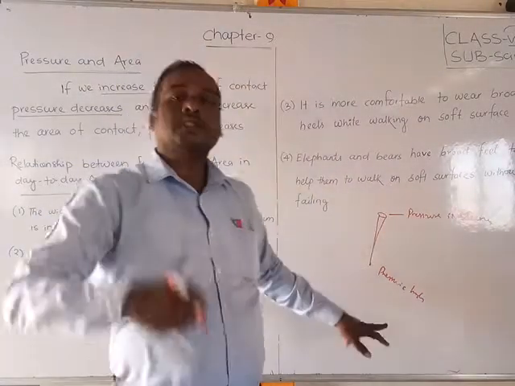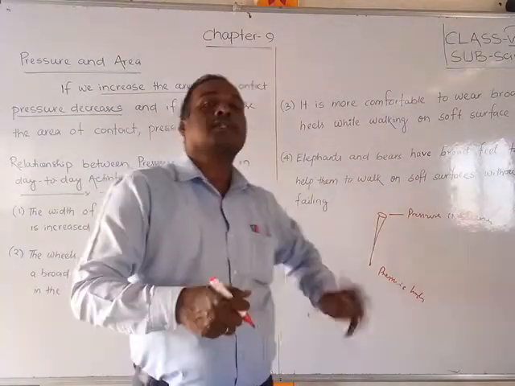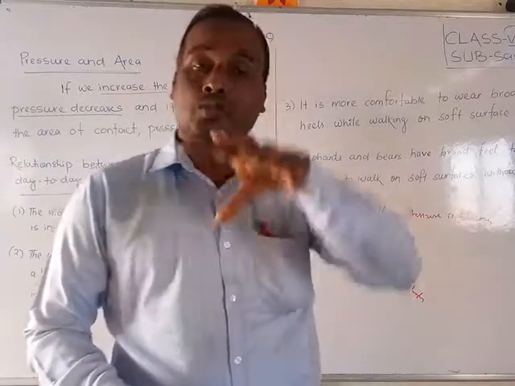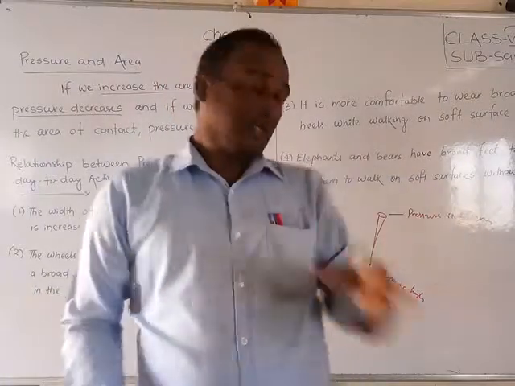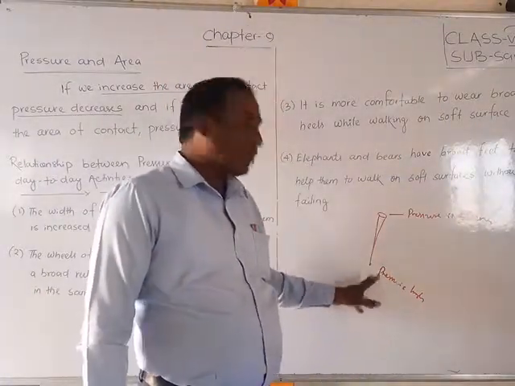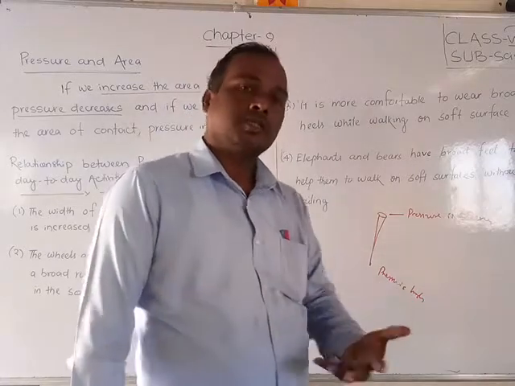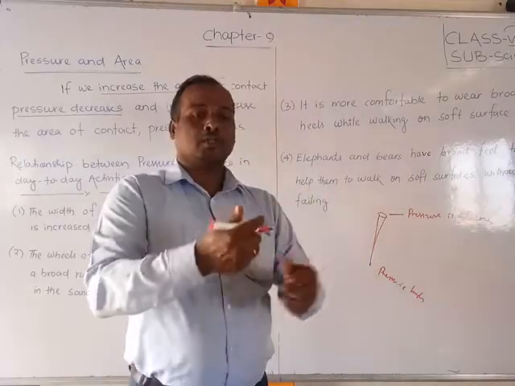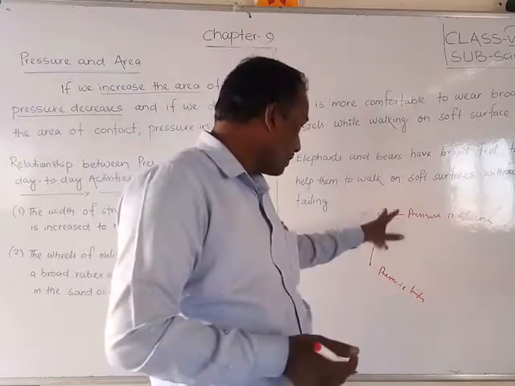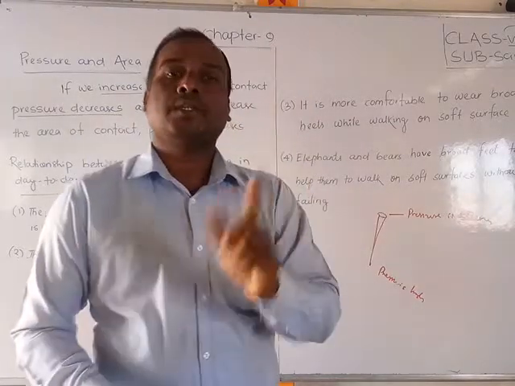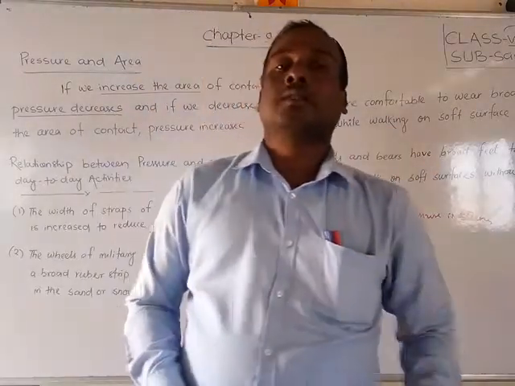In this case the pressure increases and in this case the pressure decreases at a constant force. With constant force, if the area becomes less, the pressure becomes high and increases. But if you reverse it, the area increases and the pressure decreases at a constant force.